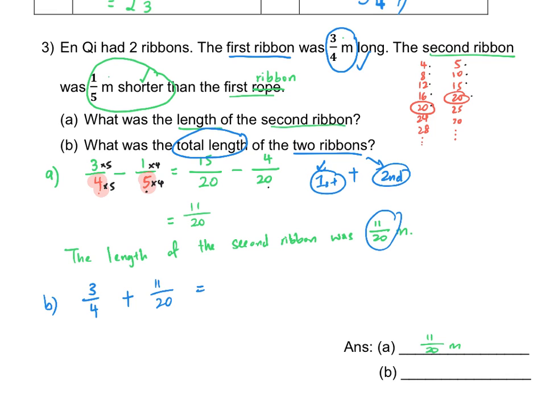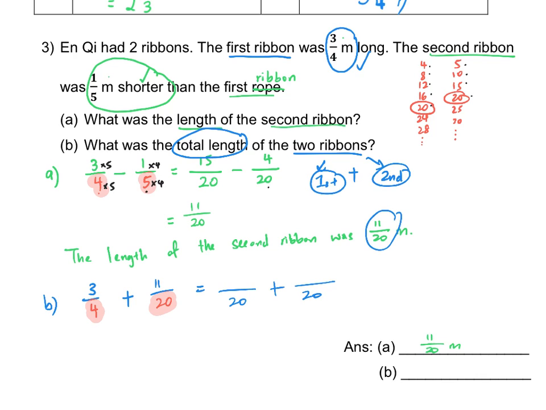So same thing, in order to add or subtract fractions, we have to change them to the same denominator. So look at the denominator. It's now 4 and 20. What would be the common multiple? It would just be 20. So you have to change the denominators. Make sure they are all out of 20, plus out of 20.